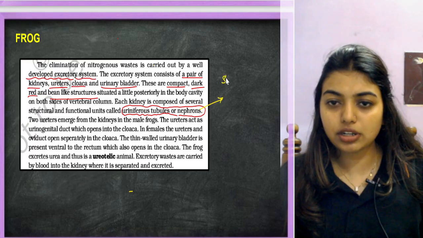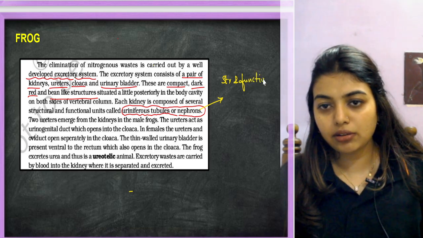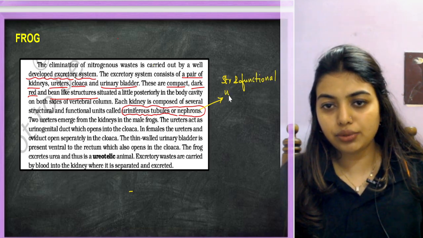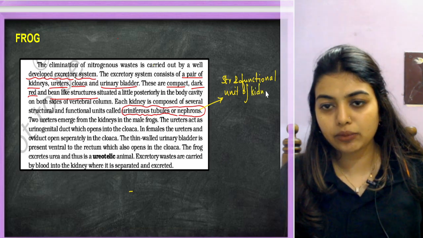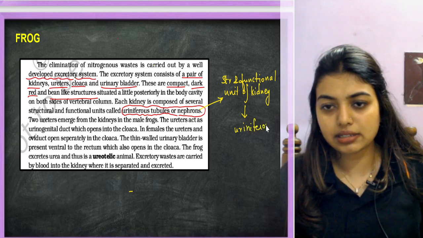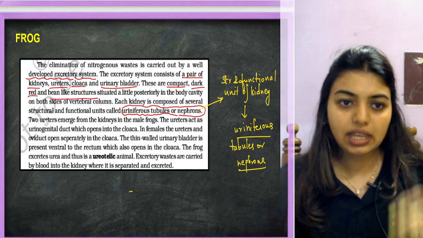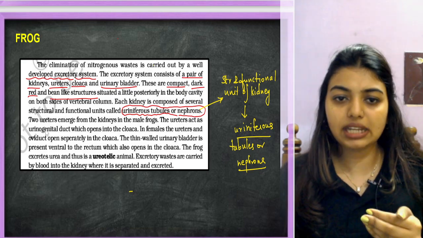So the structural and functional unit of kidney is going to be uriniferous tubules or nephrons. Got it? Uriniferous tubules or nephrons. Now two ureters emerge from the kidney in the male frog.